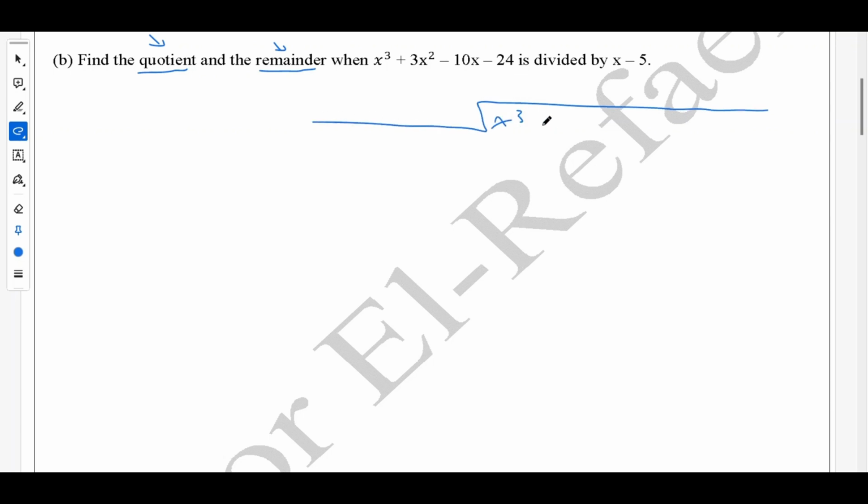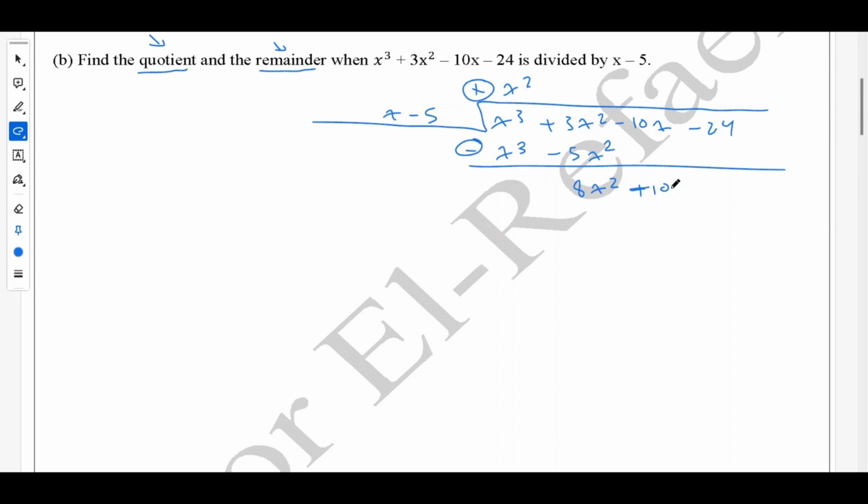x cubed plus 3x squared minus 10x minus 24, divided by x minus 5. x squared, x cubed minus 5x squared, 8x squared minus 10x minus 24, plus 8x, 8x squared minus 40x.